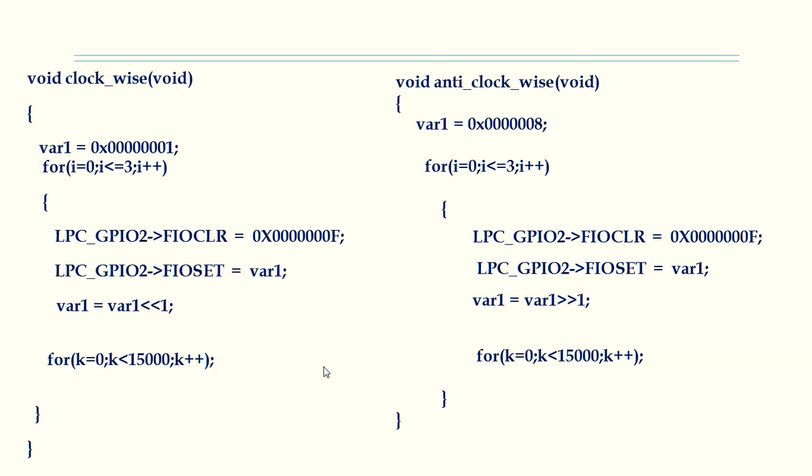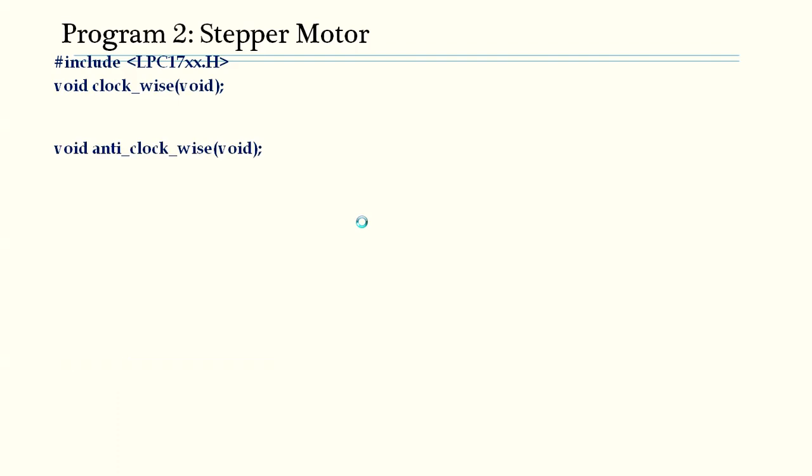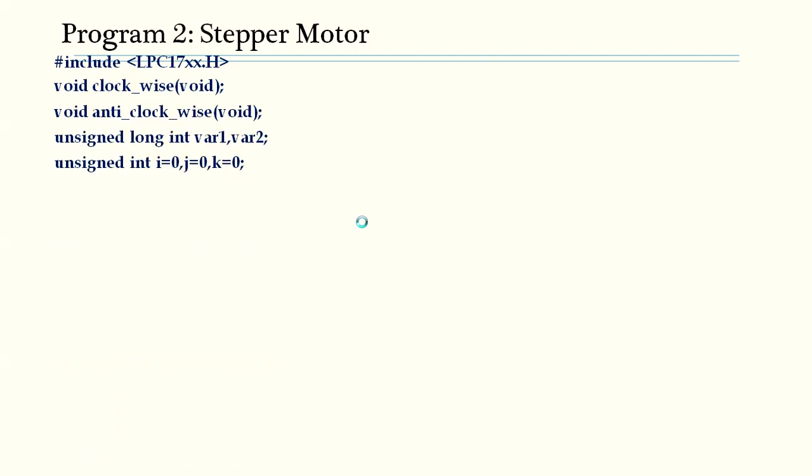So the main modification with respect to this program would mainly lie in the main program. The logic of the function, that is clockwise and anti-clockwise, remains the same. That's why we have written them as functions, not into the main program. What changes is only the number of steps over here.